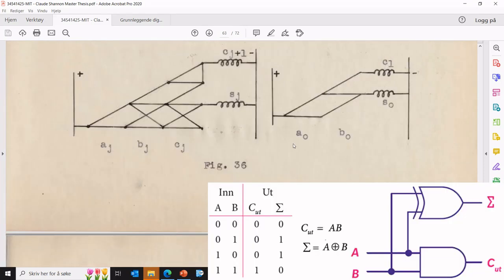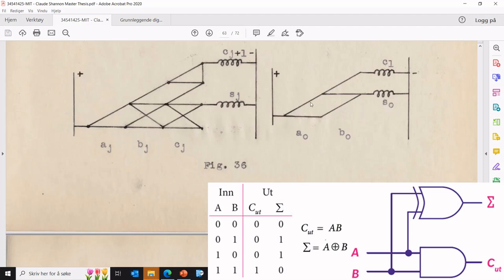Now we are going to look at how Claude Shannon made his digital computer. Here on the right-hand side, we have the circuit for the least significant bit. We have A0 and B0 that are going to be added together. If A0 is equal to 0 and B0 is equal to 1, then we get something out on S0.